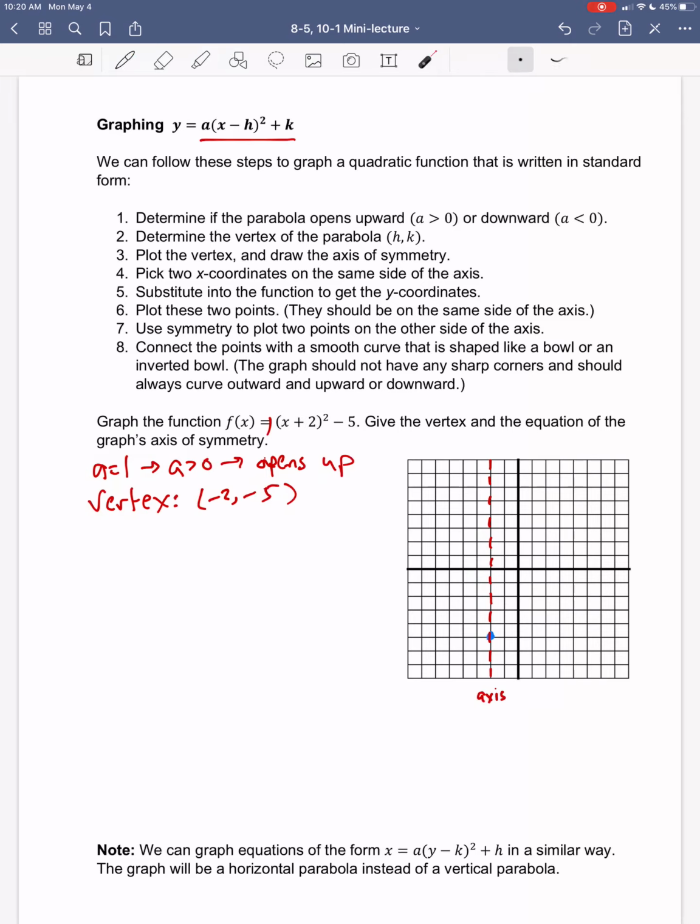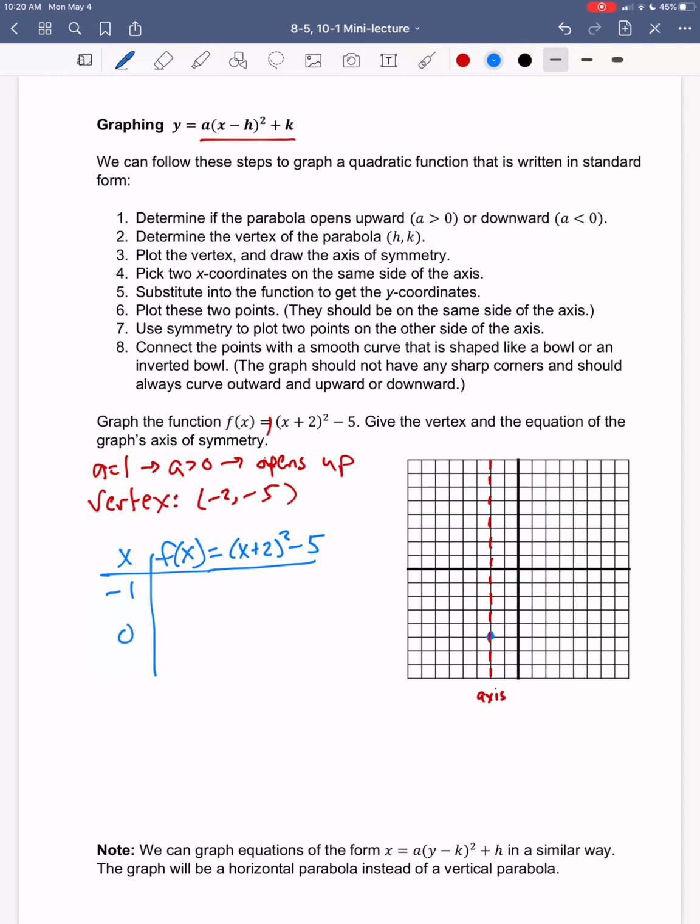Then I'm going to pick two x coordinates on the same side of the axis of symmetry. So my axis of symmetry is here. I've got x is -2. I always go to the right. I'm going to pick -1 and 0.